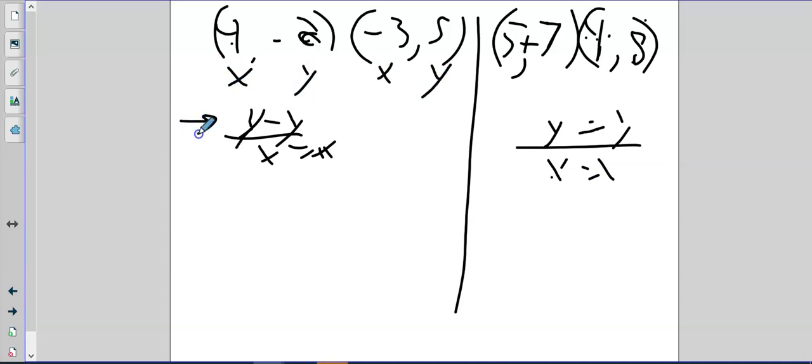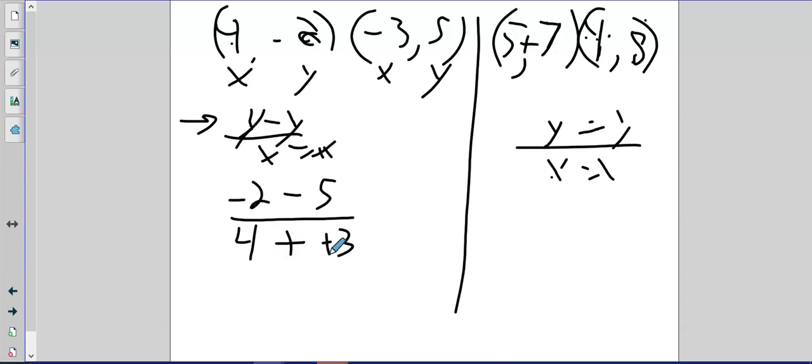Remember, very important, y is on top, okay? So on the top, my first y is -2, my second one is 5, so I just do -2 minus 5, which is -7. But careful, on the next one, my x's are 4 and -3, it's still minus, which means this is really plus.